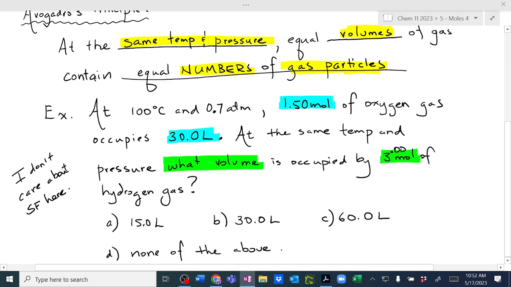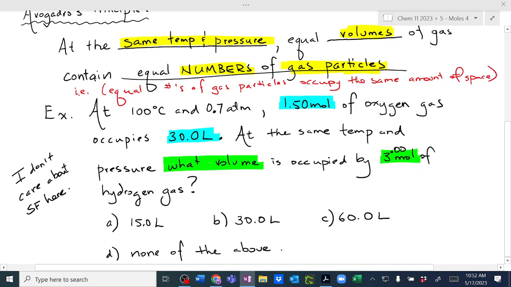Just think, I know that at the same temperature and pressure, equal volumes of gases contain equal numbers of particles, or you could say equal numbers of particles take up the same amount of space. Those two mean the same.